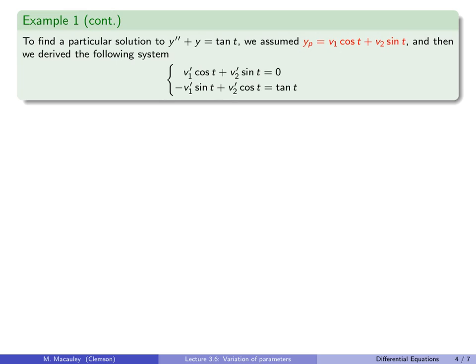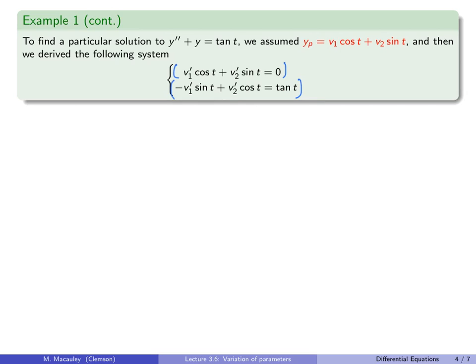So notice that this is a very special system, because if I multiply this top equation by sine and this bottom equation by cosine, then I can add these two equations and the v1 primes get eliminated.